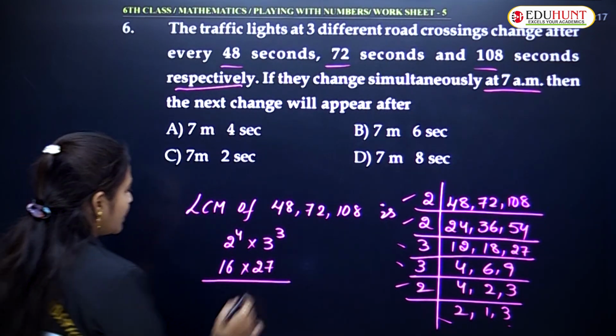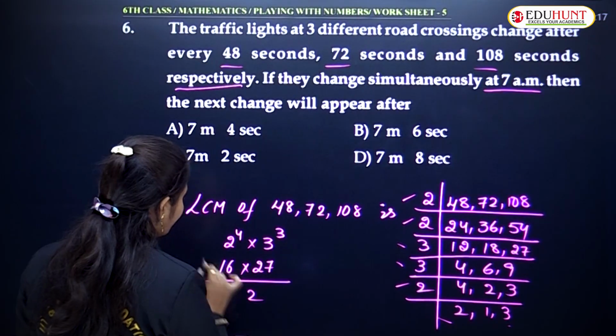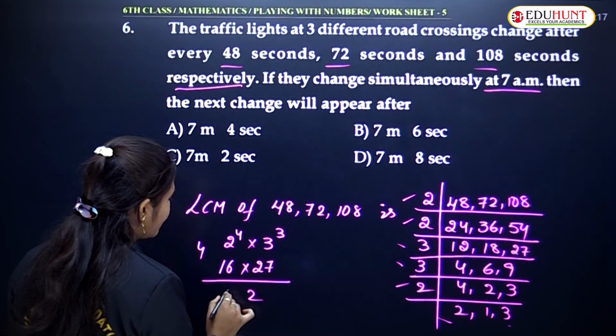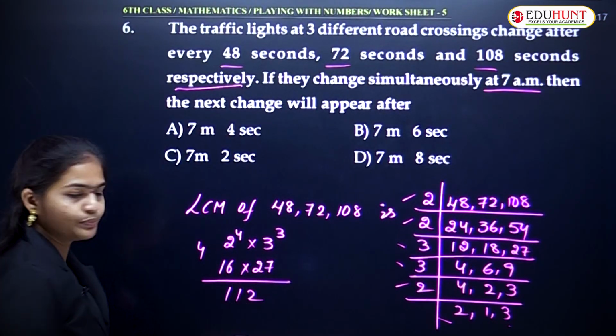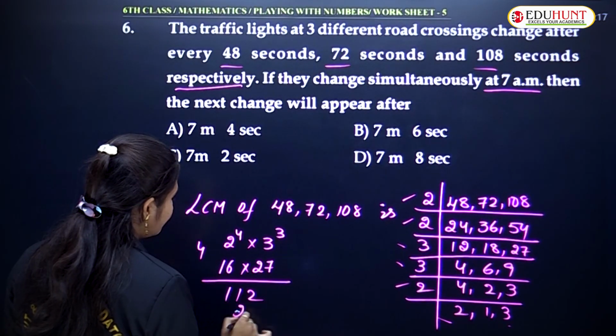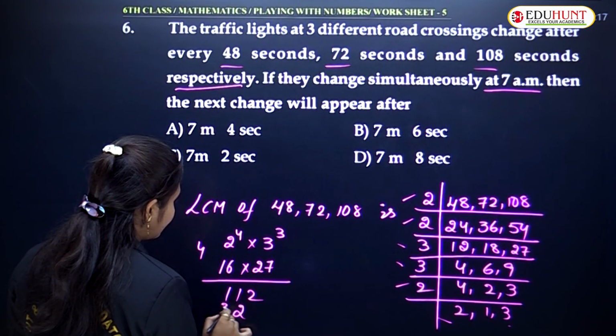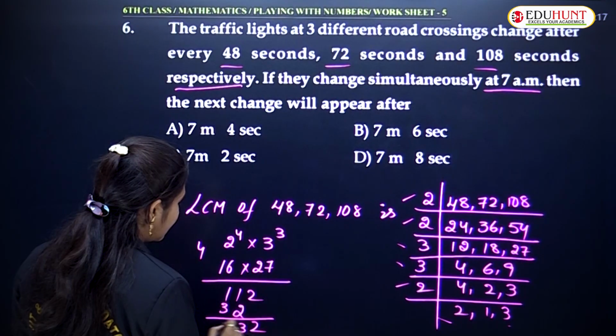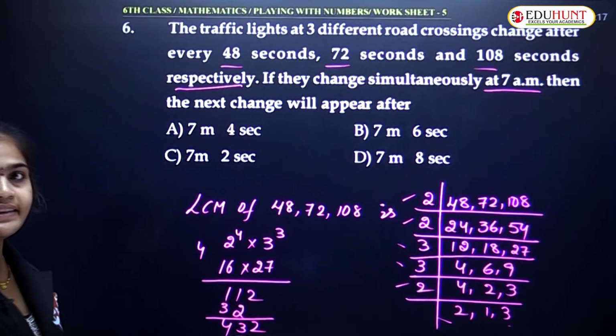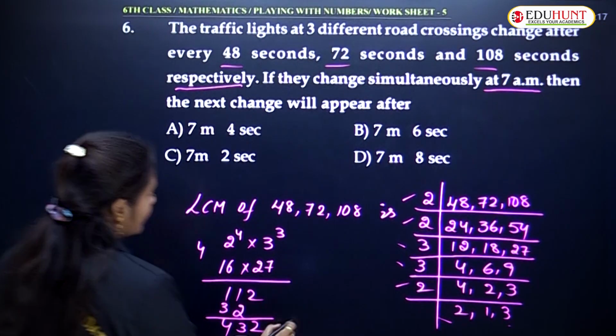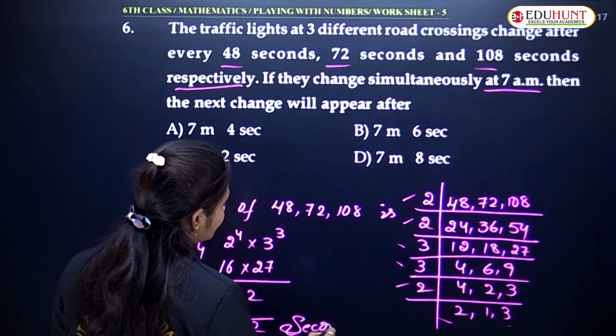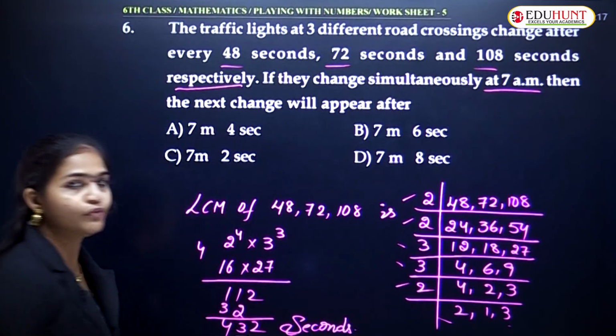Now take the product. 7 6s are 42, 7 1s are 7 plus 4 equals 112. Next 2 6s are 12, 2 1s are 2 plus 1 is 3, 2 3s are 4. 432 seconds. Here we need to find that.